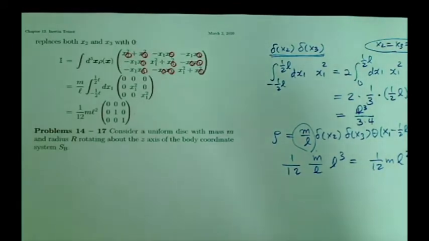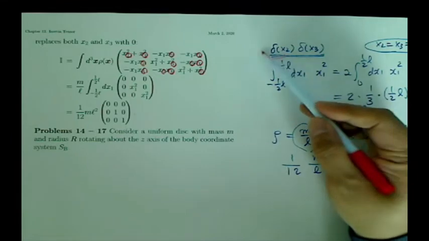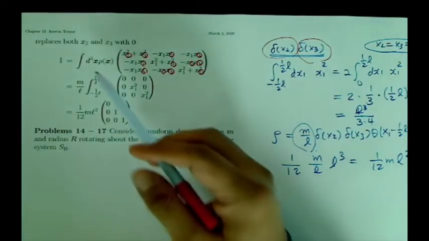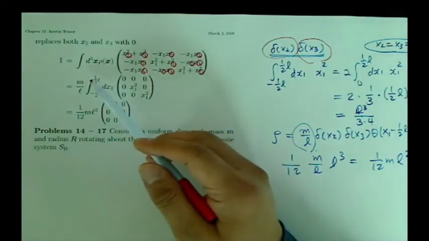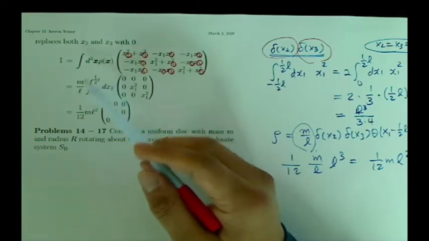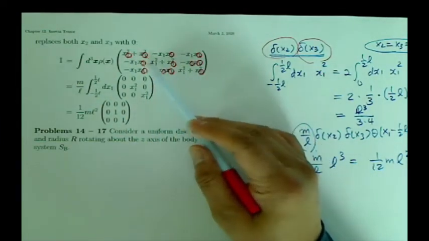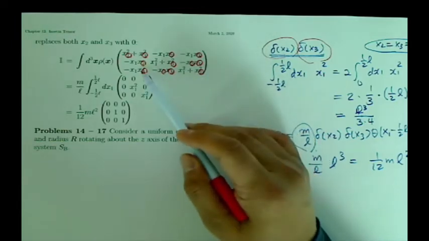Let's see. We have Dirac delta function for y and z, that means delta x2 and delta x3. In the calculation of the inertia tensor, x2 and x3 are all vanishing.